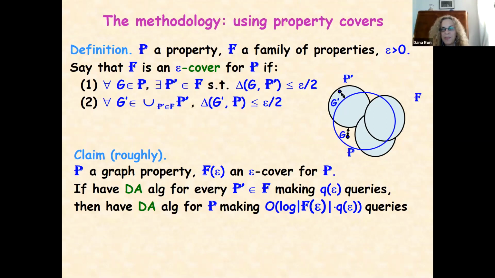The more precise statement uses the non-adaptivity of what these algorithms for these properties really do. They sample vertices uniformly at random, look at their subgraph and decide. So the queries are not adaptive. And you're totally right, because otherwise you wouldn't have a log factor.